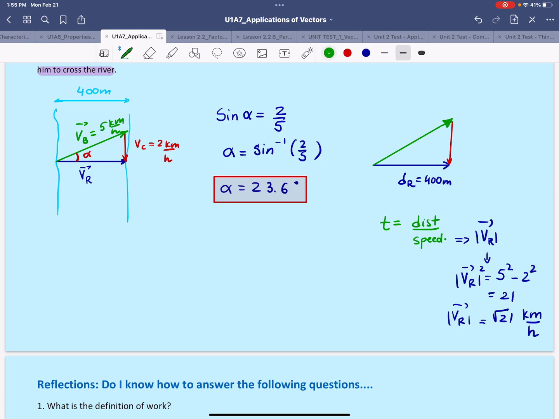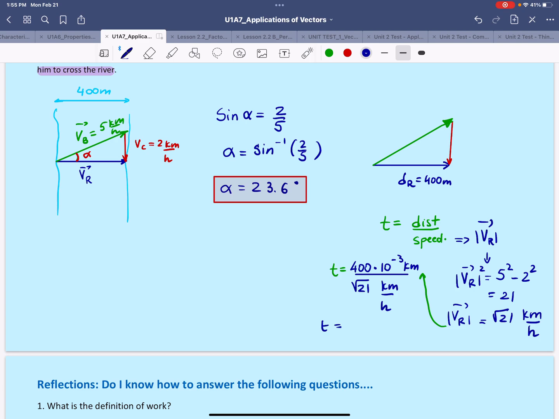So when we try to find the time using this velocity, we need to convert the distance traveled from one side of the river to the other, also into kilometers. So 400 meters would be equal to 400 times 10 to the power negative 3 kilometers, divided by the speed of root 21 kilometers an hour. And that will give the time, so just simply use a calculator for it.